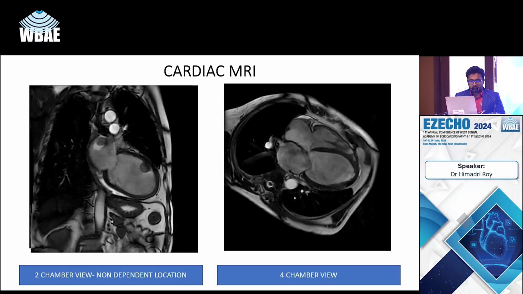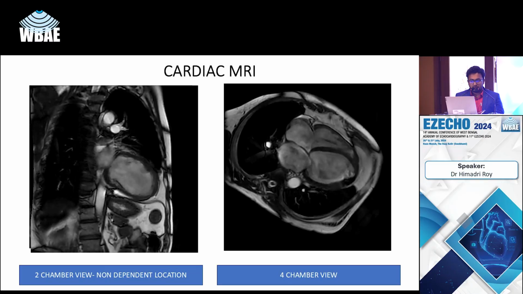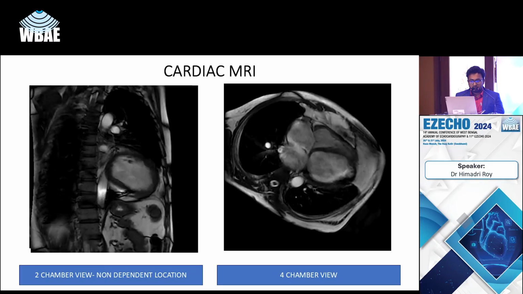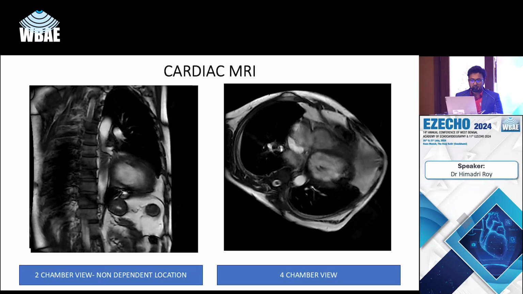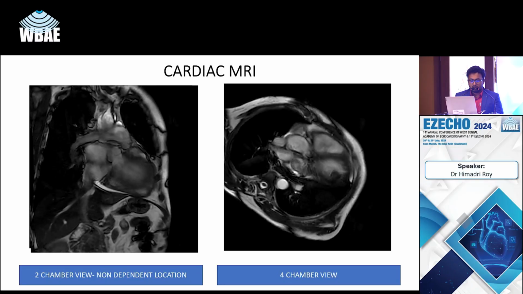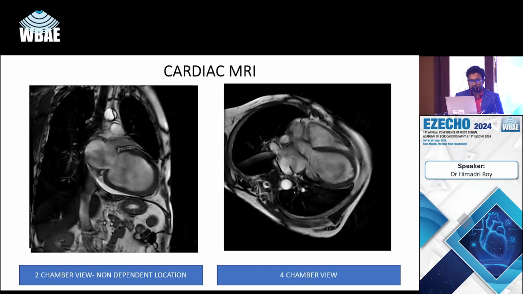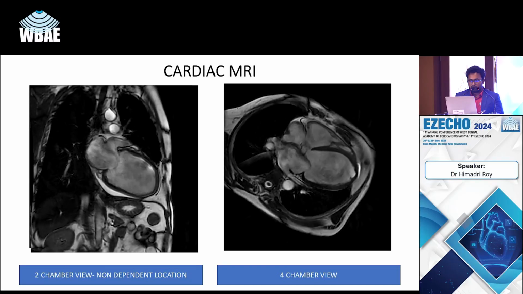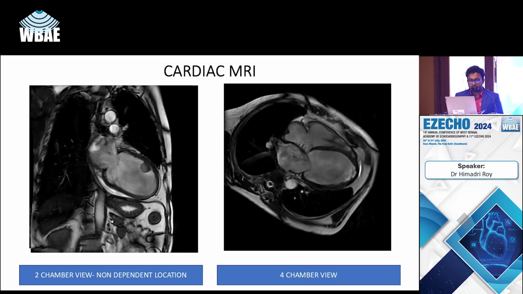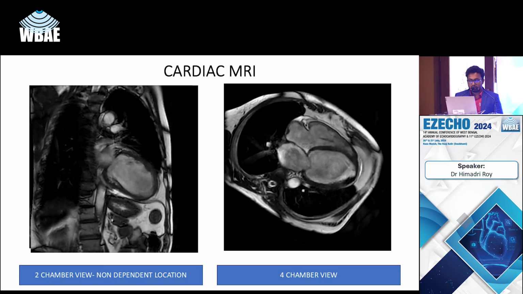Going directly to the two-chamber view, there was a lesion with a stalk, which is also visible in the cardiac MRI, but the presence of the mass in the non-dependent location is very interesting, and this was in the four-chamber view. Coming to the contrast enhanced images.